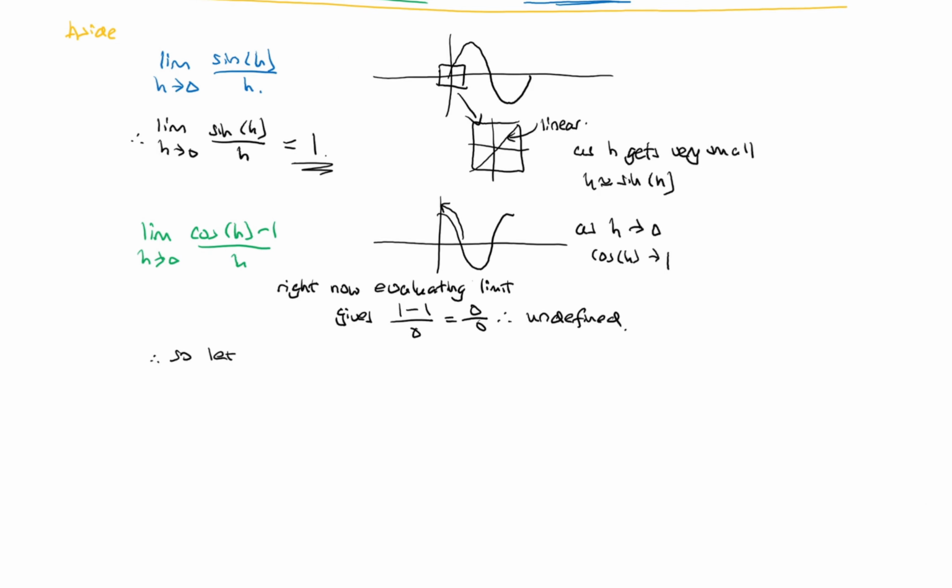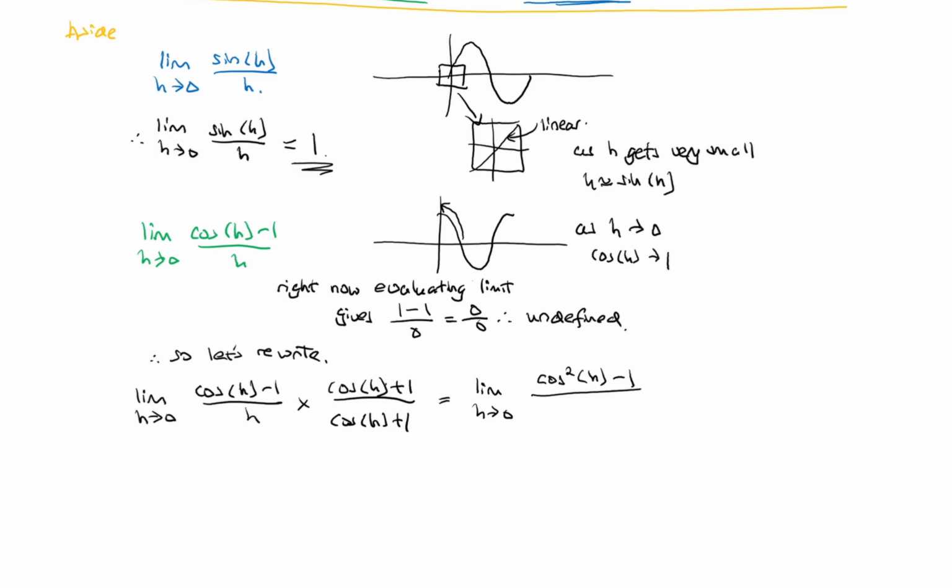So let's multiply both top and bottom by cos of h plus 1. Okay, so rewriting it, limit as h approaches 0 of cos of h minus 1 divided by h, multiplied by cos of h plus 1 divided by cos of h plus 1. Okay, and that is equal to the limit as h approaches 0 of cos squared h minus 1 divided by h times cos of h plus 1.